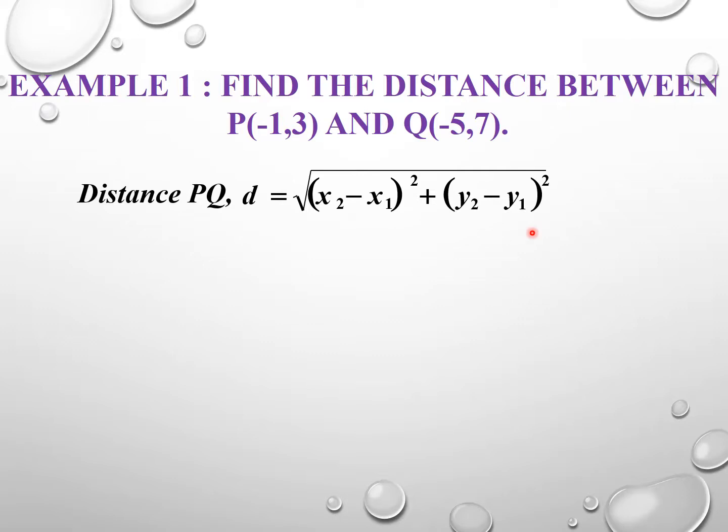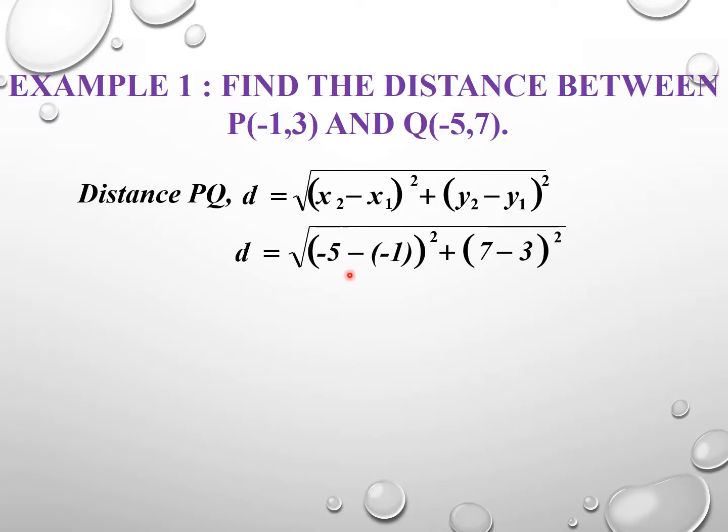We can also rewrite it as root over of x1 minus x2 whole square plus y1 minus y2 whole square. We can write this because this total value will be squared. Therefore, if we use x1 minus x2 or x2 minus x1, we will get the same positive value.